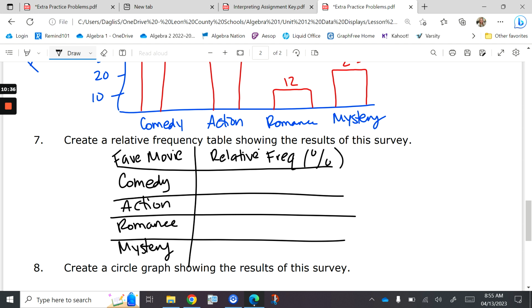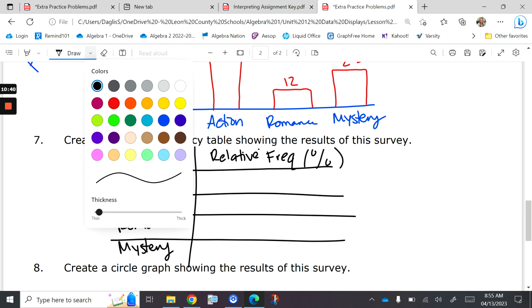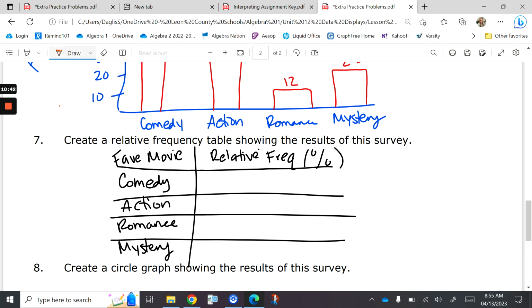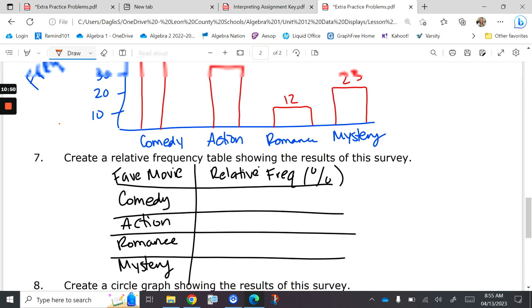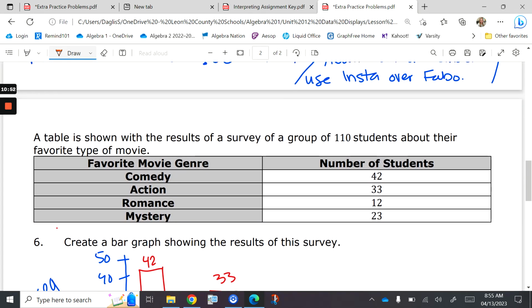Okay. So if I know how many answered it, I can use it out of my total to find the percent. Okay. How many total people were surveyed? What did it tell me?